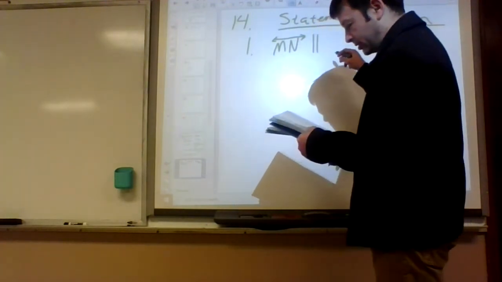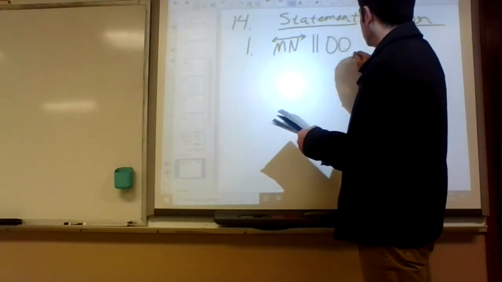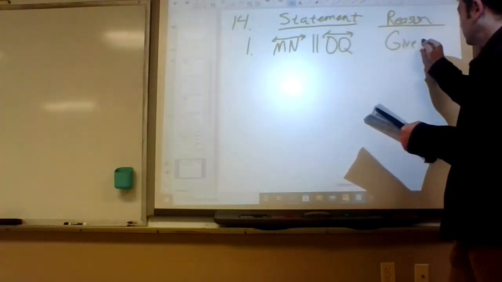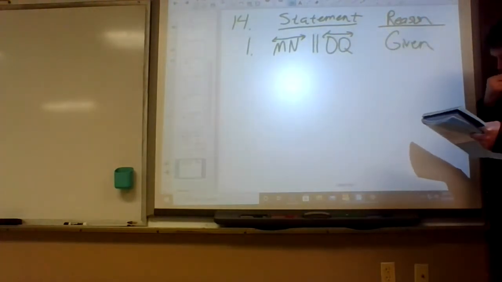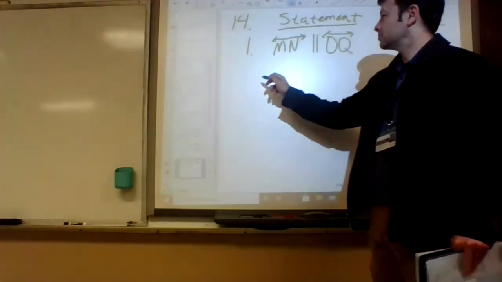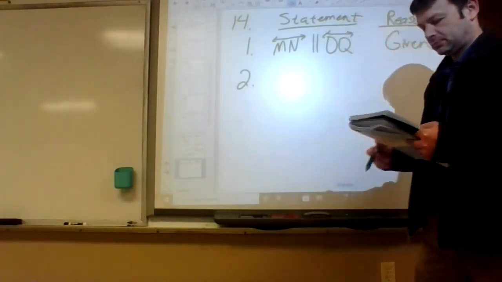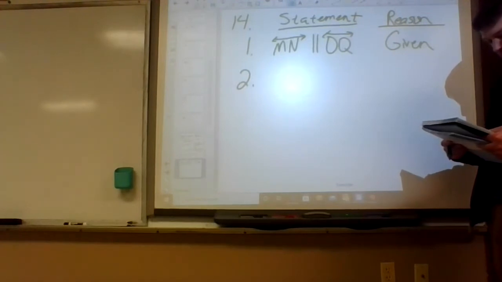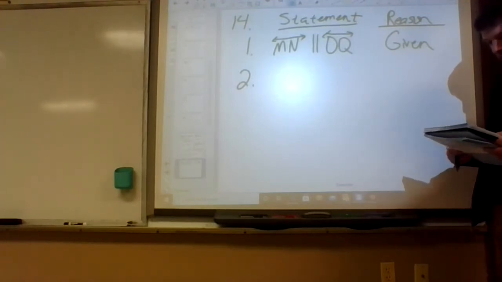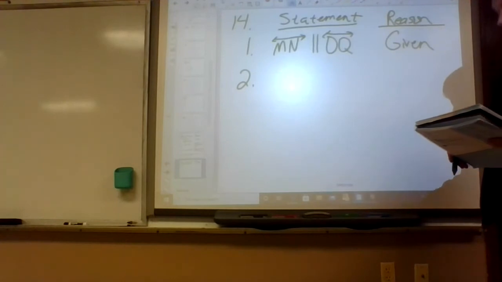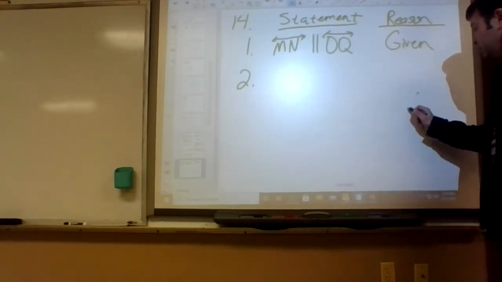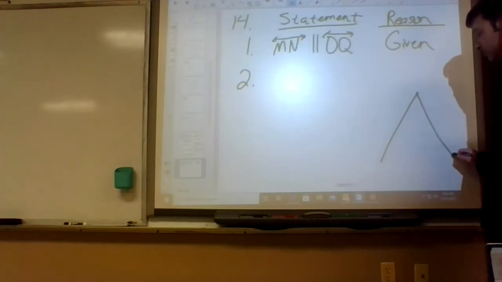And then it's parallel to OQ. Given. Okay, so we're trying to, you guys see what we're going for? We're trying to show that the big triangle is similar to the littler triangle.